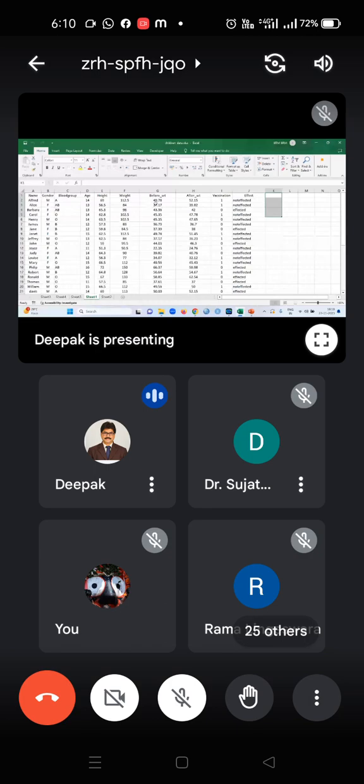Now I'll explain how to calculate the descriptive statistics of this particular data set. Descriptive statistics will be calculated for quantitative variables only, not for qualitative variables. That means you cannot calculate the mean of name, gender, blood group, vaccination, or effect.